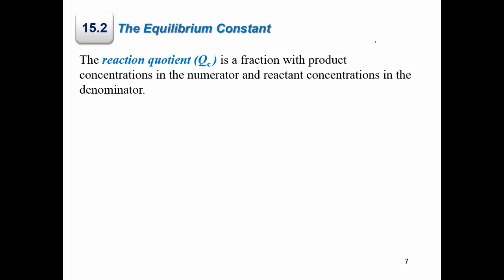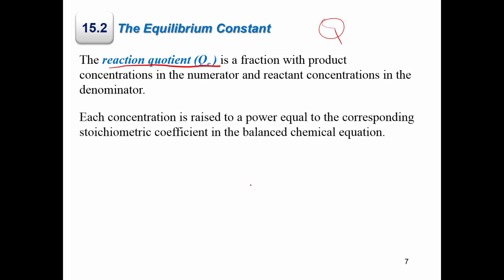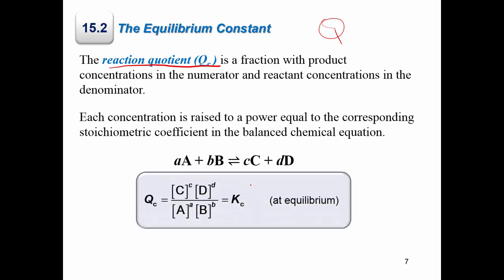So when we talk about an equilibrium, we can talk about it in terms of the reaction quotient, or the Q. That is a fraction of product concentrations and reactant concentrations. Each concentration will be raised to a power equal to the stoichiometric coefficient of the balanced chemical equation.